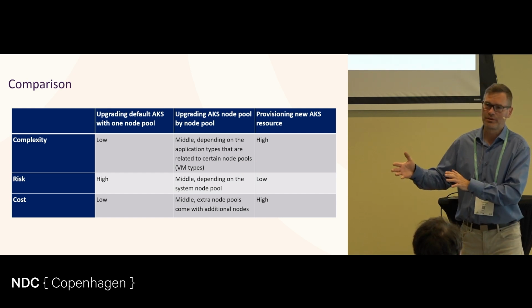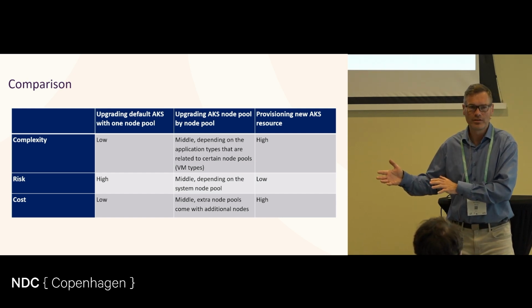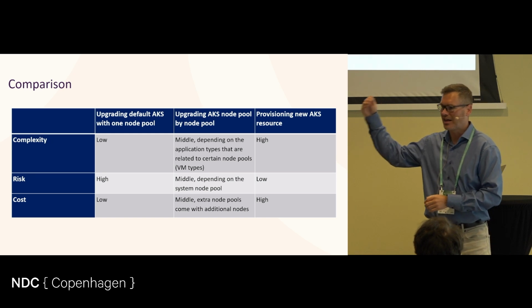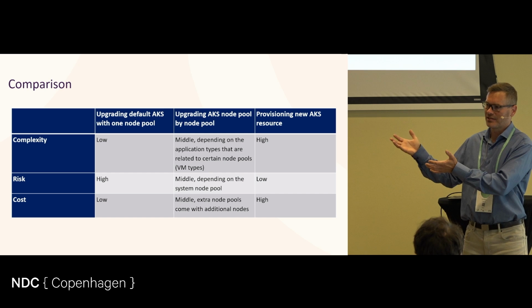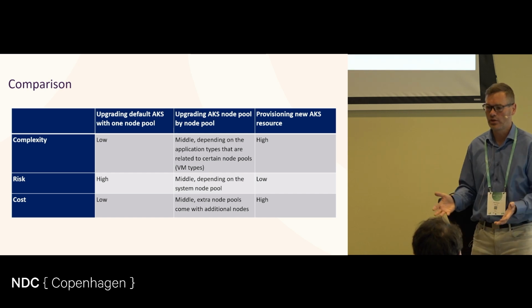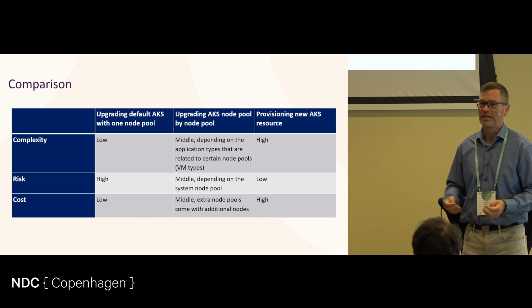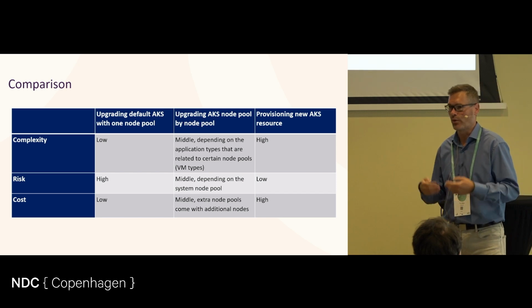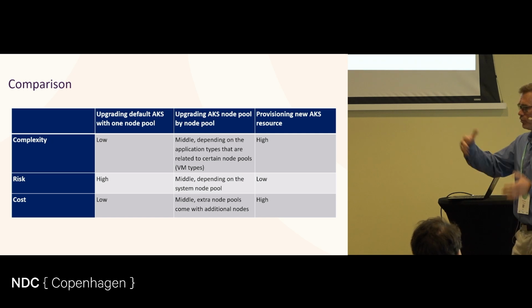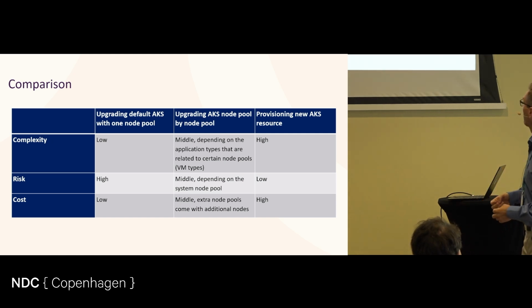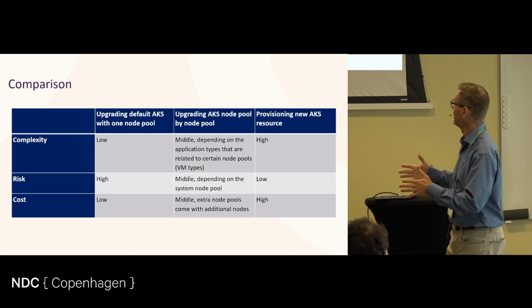And it's not complex because you didn't add anything to it. And then you have on the right side, on the other extreme, the new AKS, which is super complex because you have to first create it in exactly the same way, with exactly the same configuration. And then you have to move over all of this, and it's super complex.